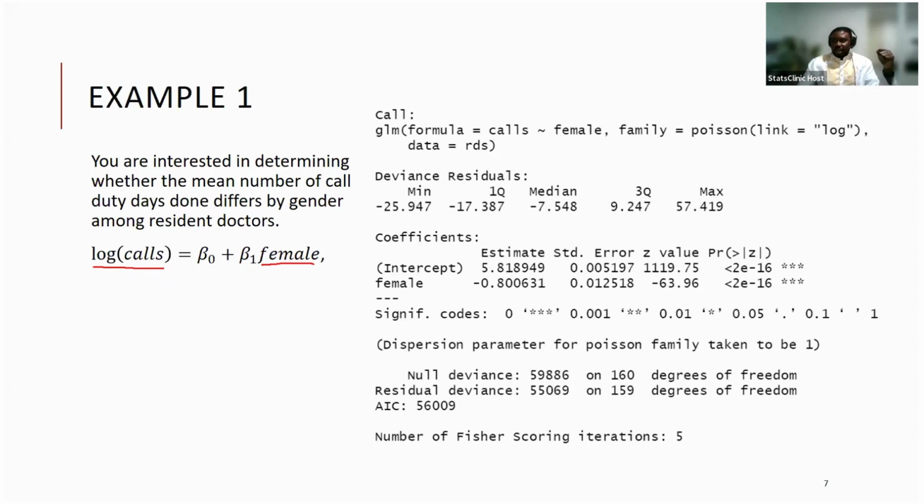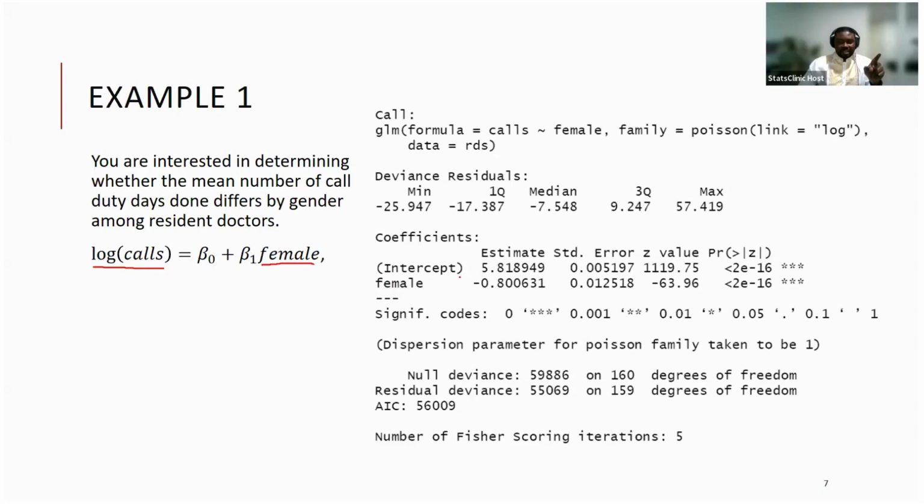Okay, Abbas? Good evening. From the output, I can see it's R output. The log estimates: the intercept is in log form, so it's log 5.8, and then negative 0.8 for the female. It means that each of the residents has log 5.8 calls.